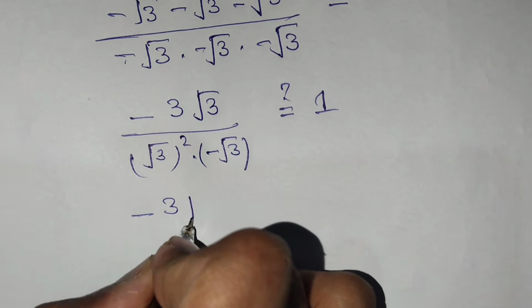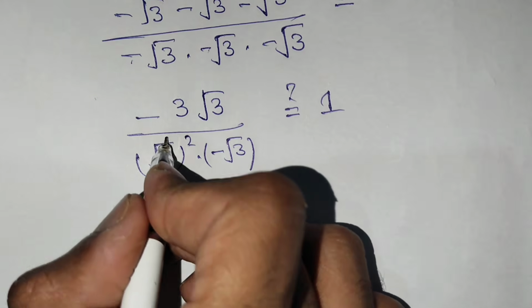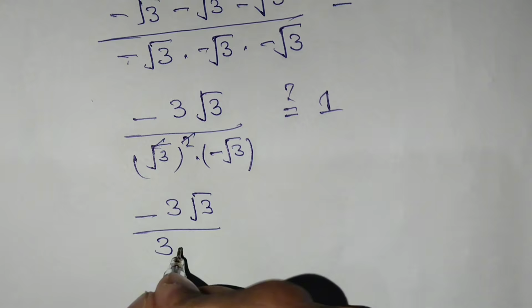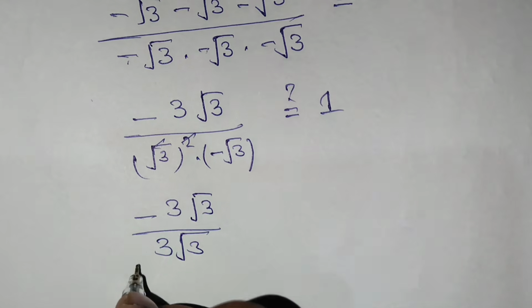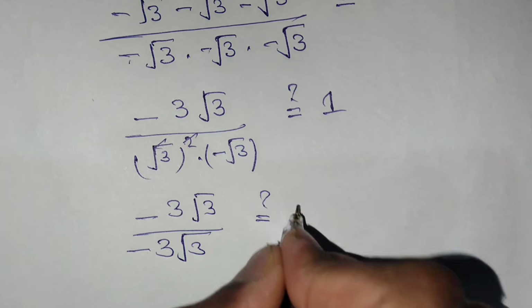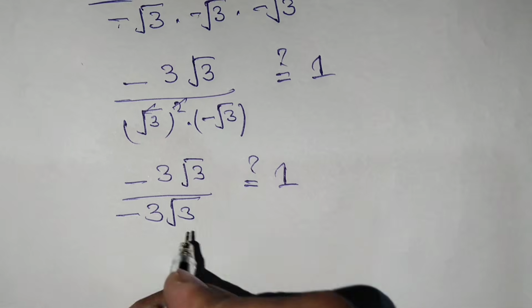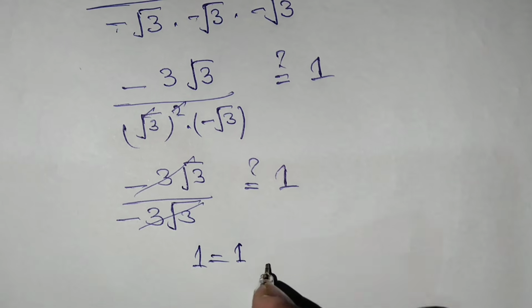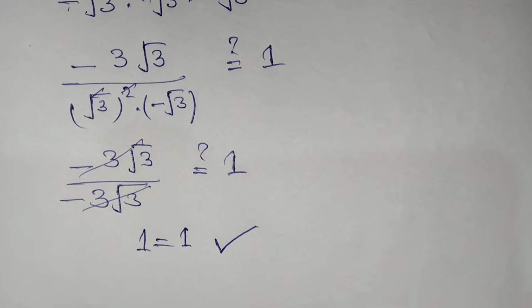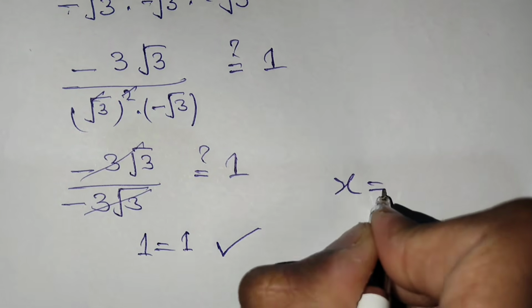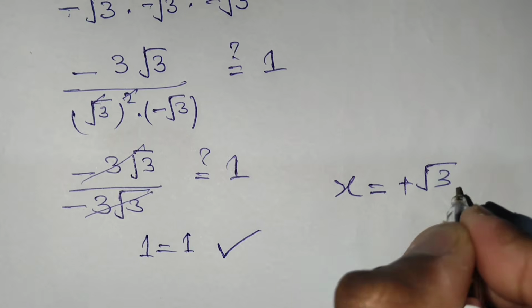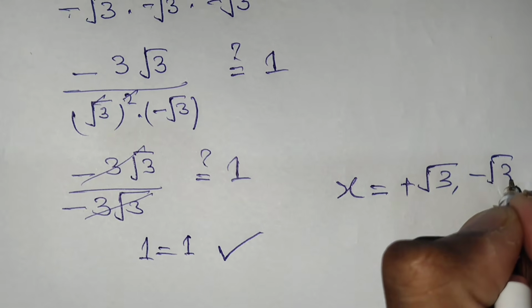Minus 3 square root of 3 divided by minus 3 square root of 3, as you can see that cancel with this, 1 equals 1 means left hand side equal to right hand side. So the final value of x will be plus square root of 3 and minus square root of 3.